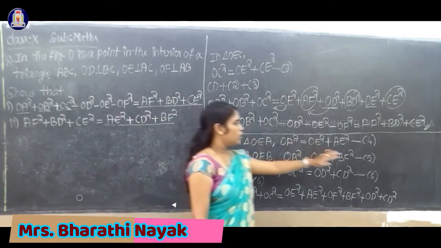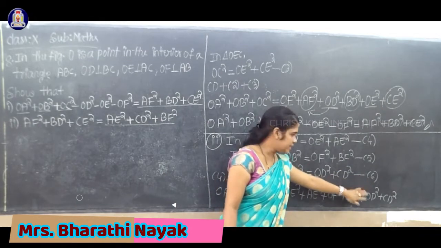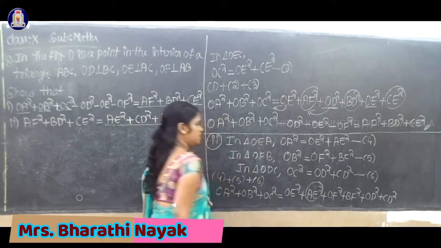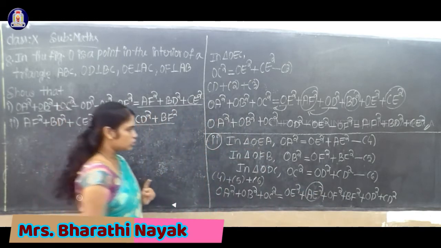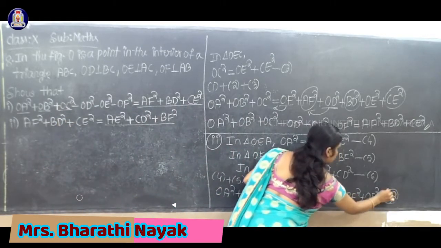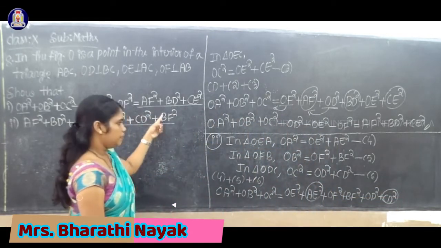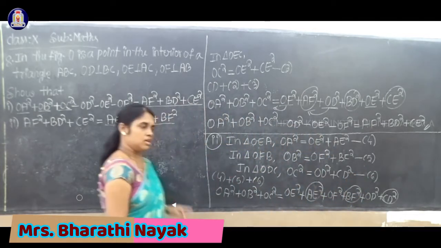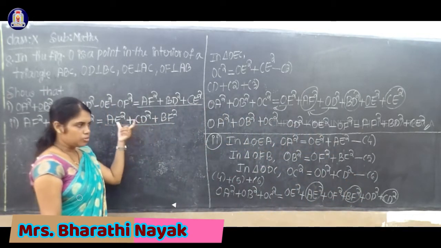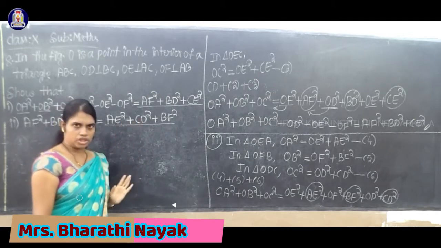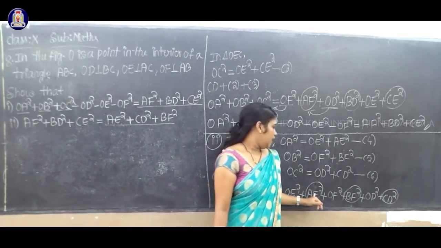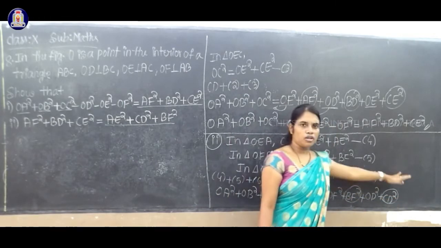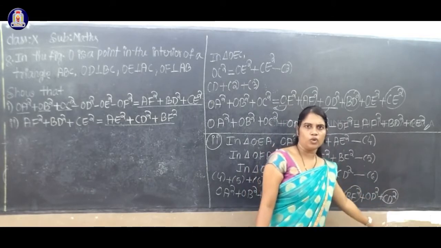Yes, this is your term CD square, this is your term BF square. So these three terms must be in the right hand side according to the question. Therefore AE square, CD square, BF square, write these three terms in the right hand side only.